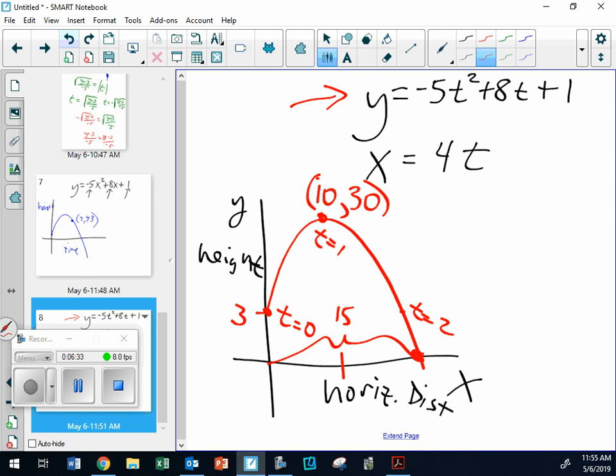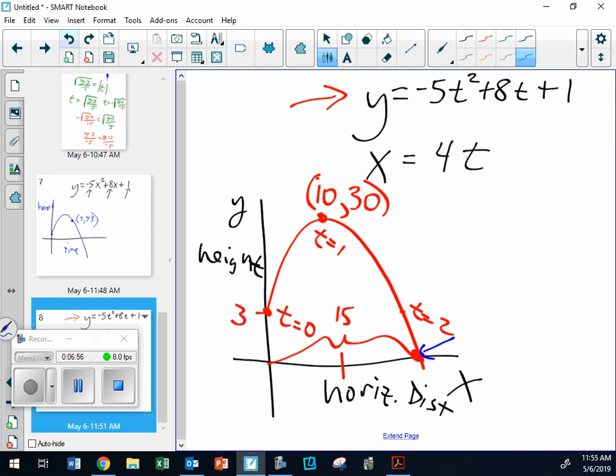Okay. One last thing that parametrics always have, and this is important. Everything I'm telling you is important, but this is really important because people forget this: it has a domain. Would you agree that this doesn't make any sense after time is, let's say, 2.5 or whenever the ball hit the ground? That doesn't make any sense after that.